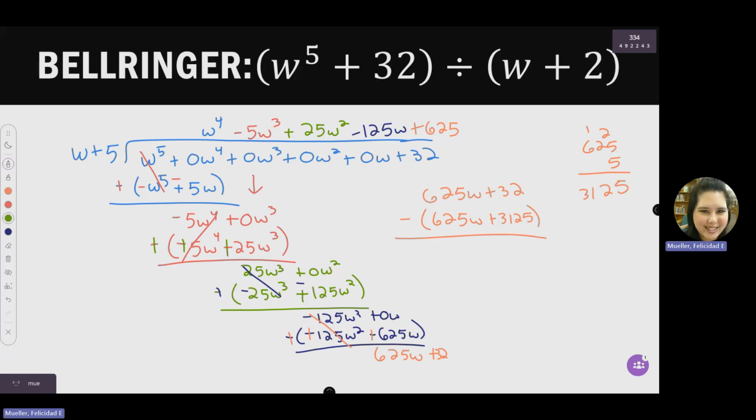So that when we flip these, minus, minus, minus, I'm just going to subtract 32 from this. 5 minus 2 is 3. This becomes a 12. Because I have a remainder of 3093. Wow, that is ugly. So minus 3093 over w plus 2 is my final answer.